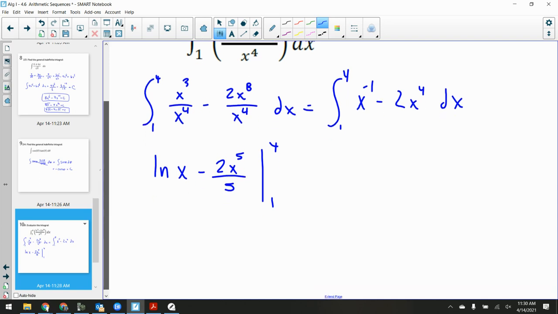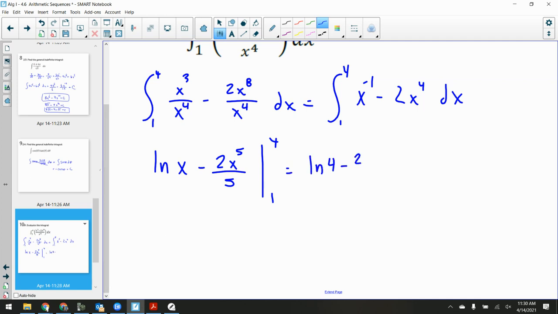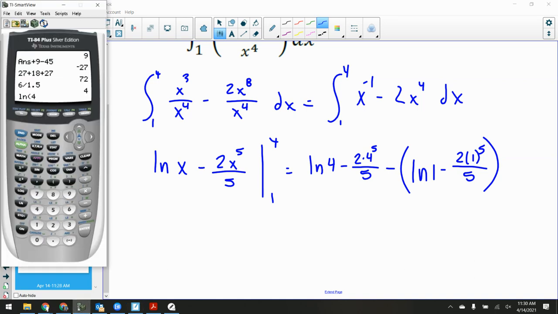And now we plug in. We plug in 4, and we get ln of 4 minus 2 times 4 to the 5th over 5, minus ln of 1 minus 2 times 1 to the 5th over 5. That ends up being a really small number, but that's okay. So we have ln of 4, close parenthesis, minus 2 times 4 to the 5th, all divided by 5.